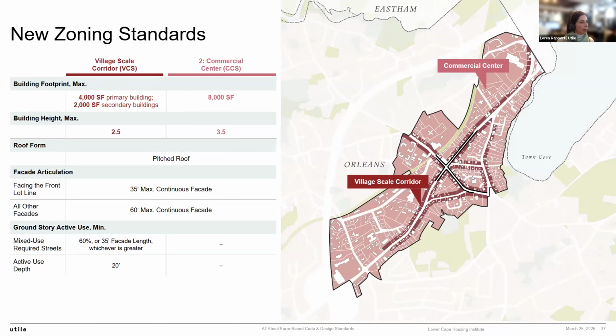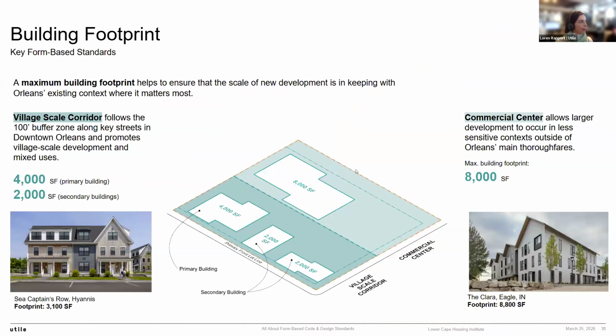And then behind that zone, in areas that are less sensitive because they're not street facing, we have the commercial center zone, which allows for larger building footprints and up to 3.5 stories in height. So here's just an example of how that plays out with the village scale corridor facing the street and the commercial center zone behind it, where you can see that we allow smaller footprints up front and larger footprints in the back.